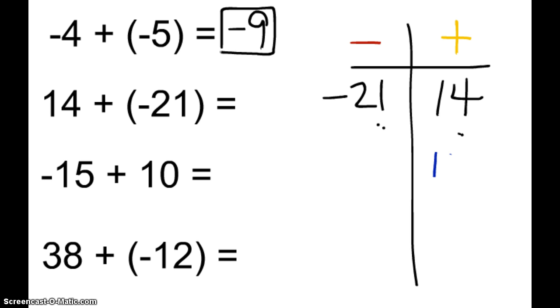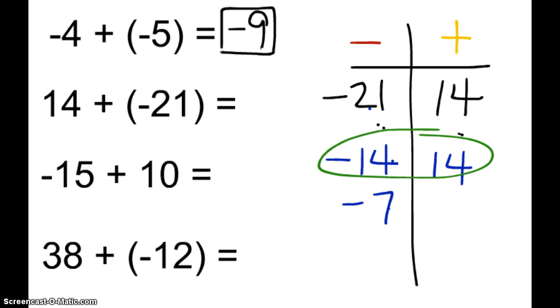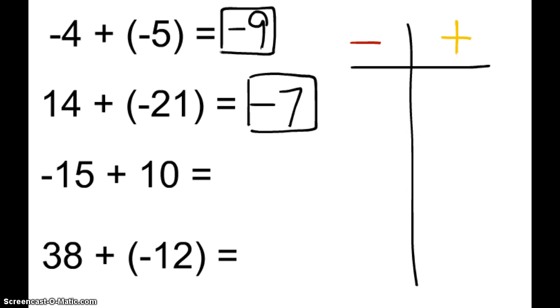So I know that I've got 14 over here, and I can take that 21 negatives and say I have 14 negatives, and then I have 7 more negatives, because 14 and 7 makes 21. So now I have a 0 pair here, and what am I left with? 7 negatives.